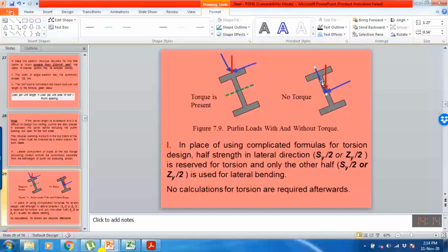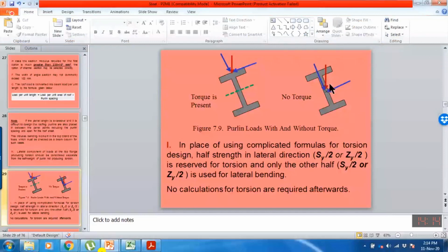What we will do is keep the self weight of the purlin separately and all the other dead and live loads separately for the computation of stresses, because the applied dead load and live load, which are transferred from the top surface, also produce torsion along with bending moment about the x-axis and y-axis. But the self weight only produces the bending moment about the y-axis and x-axis. So in order to compute the actual stresses, we will keep the self weight separately.